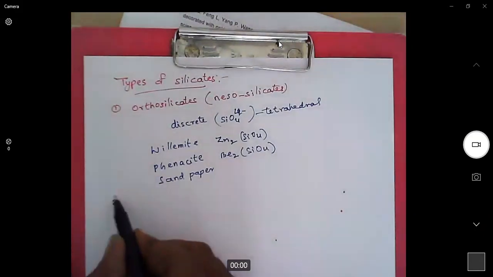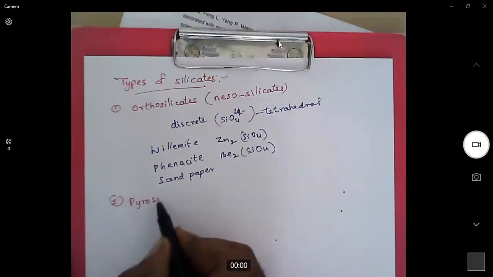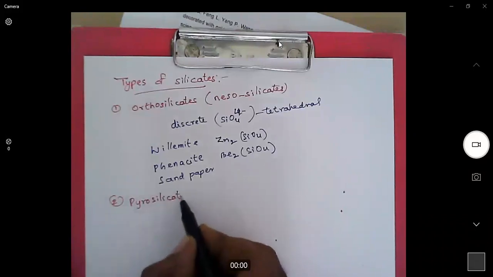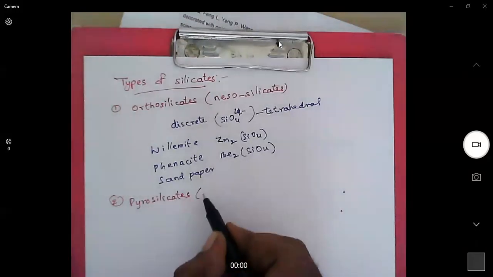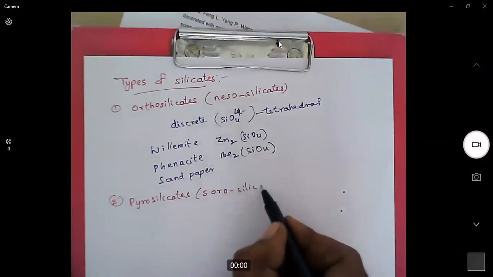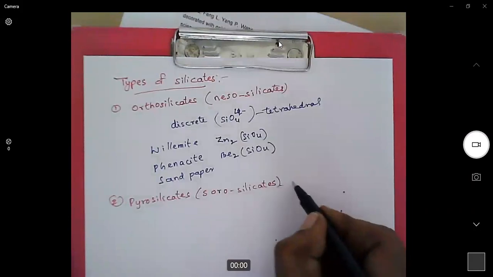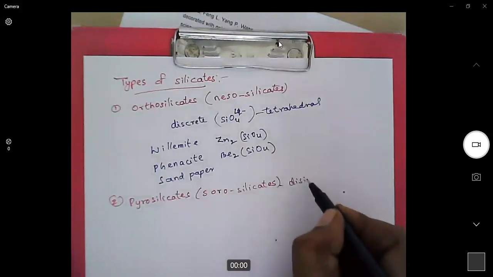Second type of silicates is pyrosilicates. Pyrosilicates are also called sorosilicates. These are disilicates.